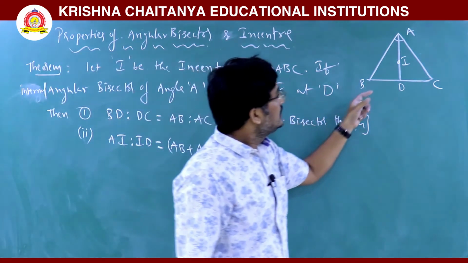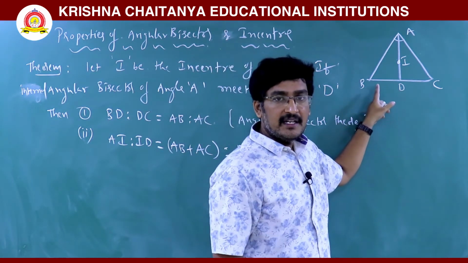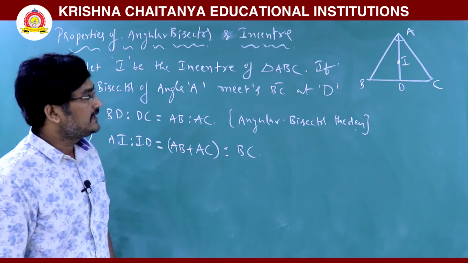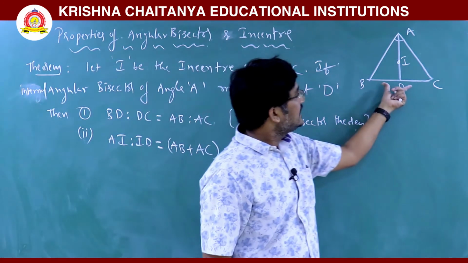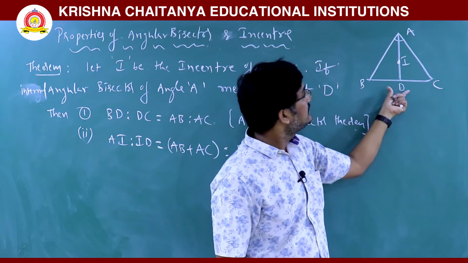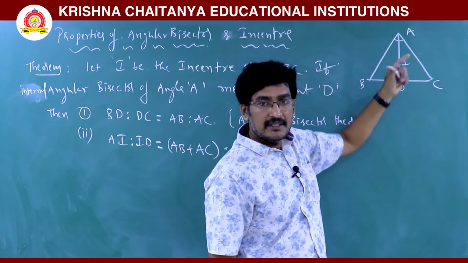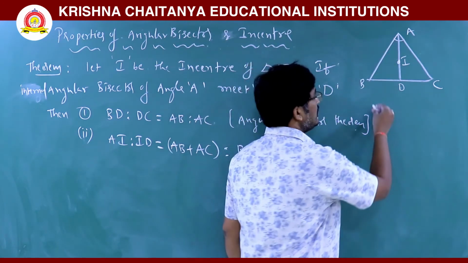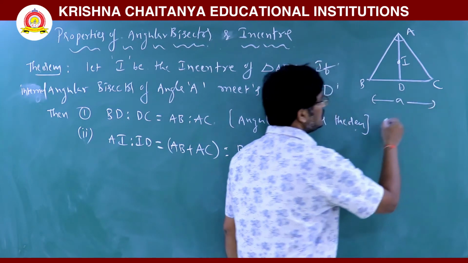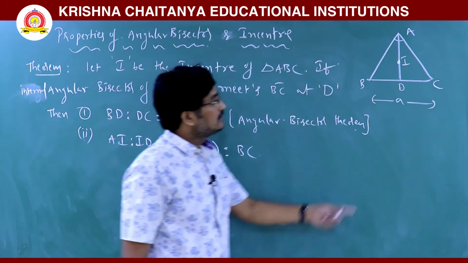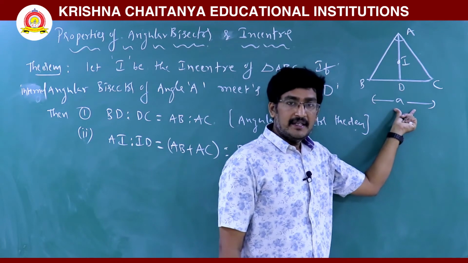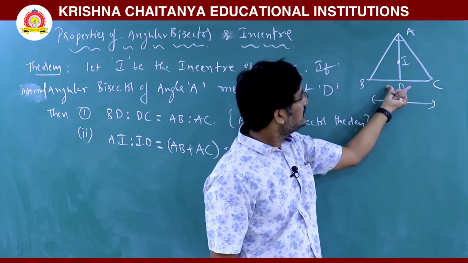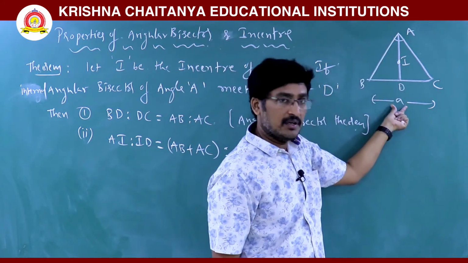According to the naming convention of triangles in mathematics, the length BC, which is opposite to vertex capital A, will be taken as small a.